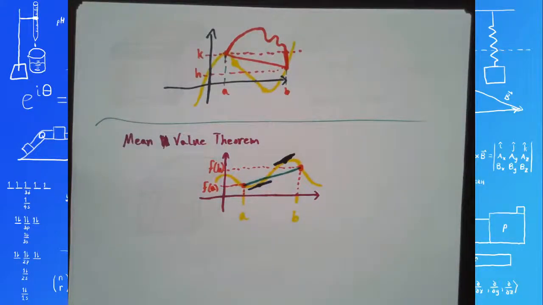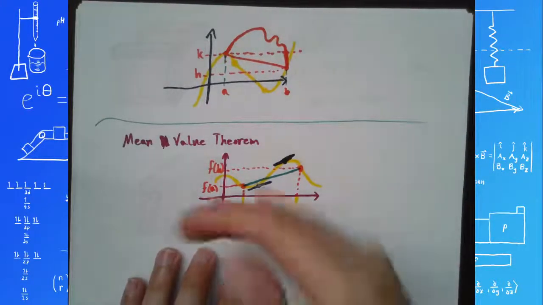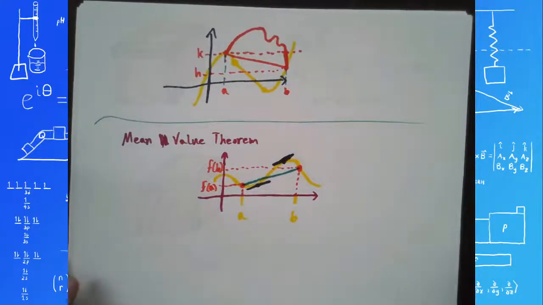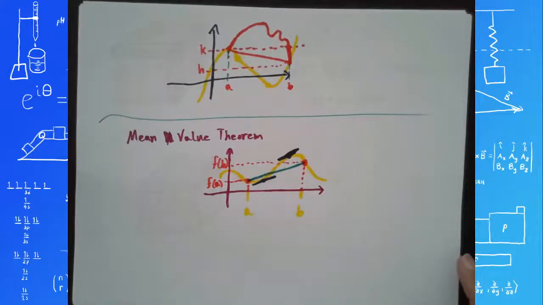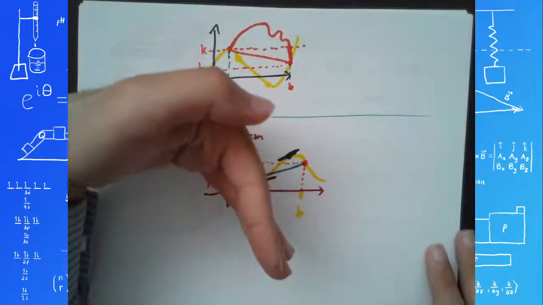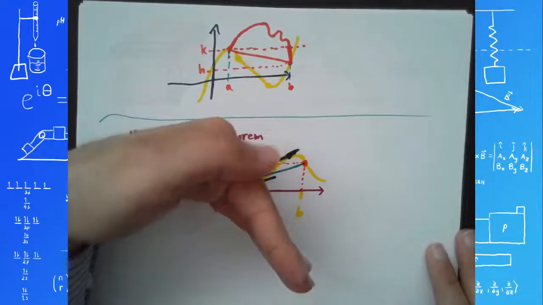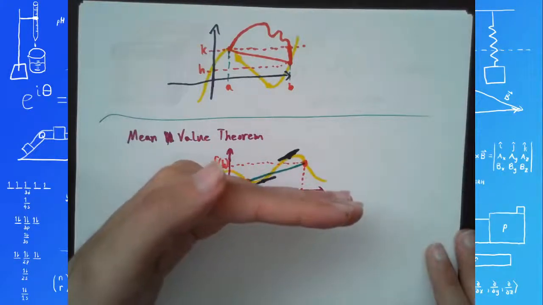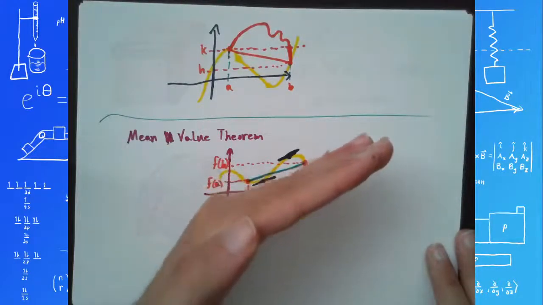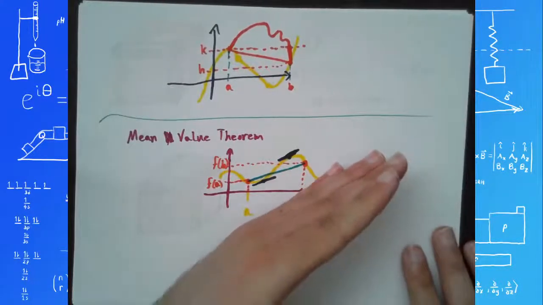Another scenario is you go down and then up. If you're curving smoothly, then even if you start with your slope of the tangent line being below the green line, eventually you have to curve back up to reach point B, and on your way curving back up, you'll have a moment where you're parallel to that green line.